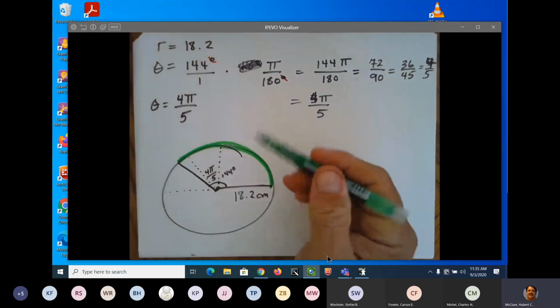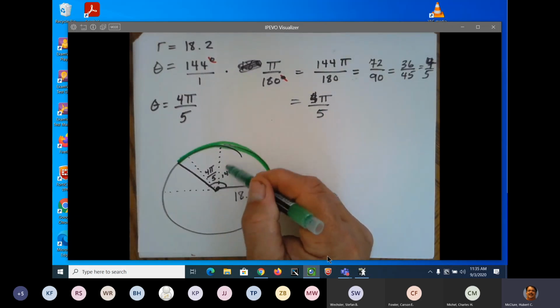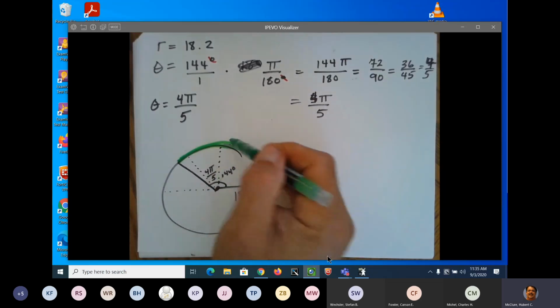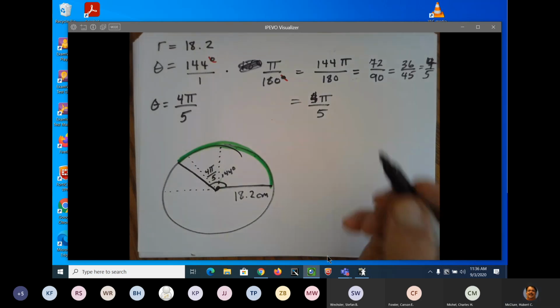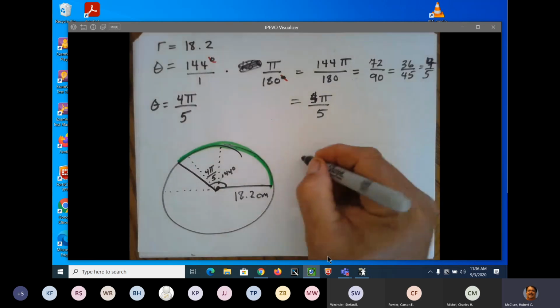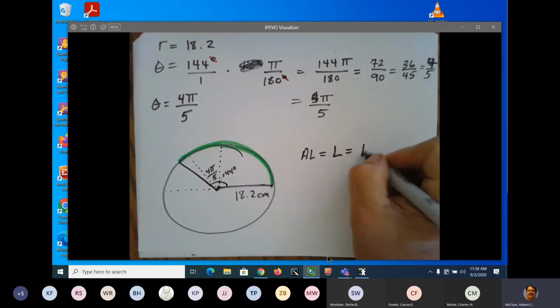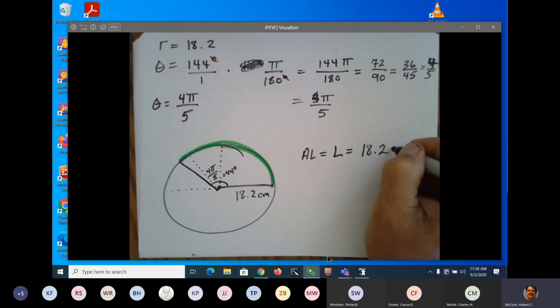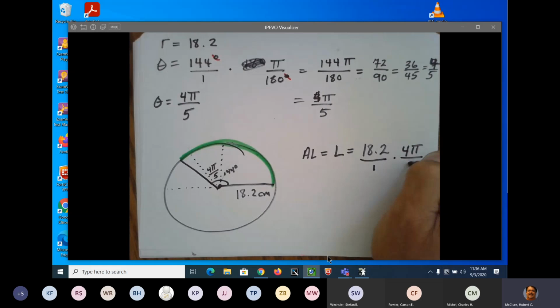Now you know that the arc to about right here is 21, because you found that one. So I'd say it's going to be probably double. I'd say it's going to be around 42, 45, somewhere in there. It's going to be at least double, close to double. So here we go. Arc length, which is L, is equal to 18.2 multiplied by 4 pi over 5.